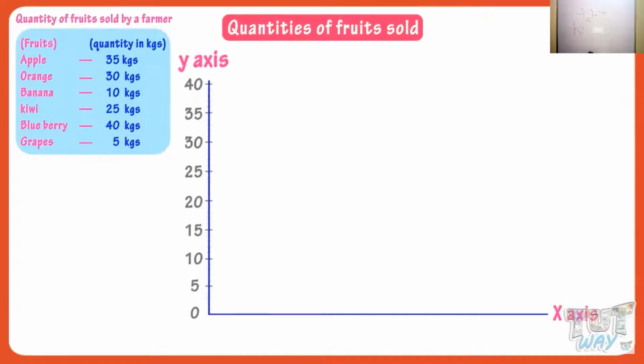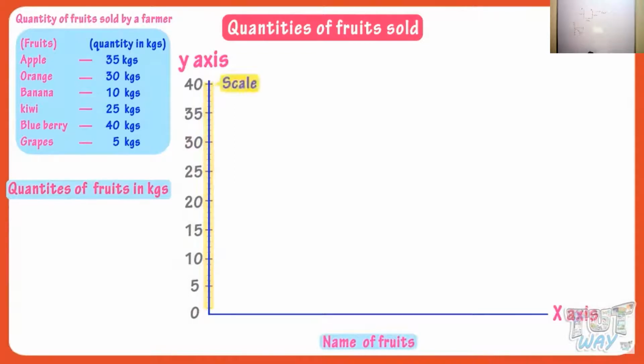We have two types of data. One is the numeric data showing quantities of fruit in kgs, and the other is textual data, the name of fruits. The axis which shows numeric data is called scale. As on the y-axis, we are showing the numeric data, and our numeric data is in the range of 1 to 40.